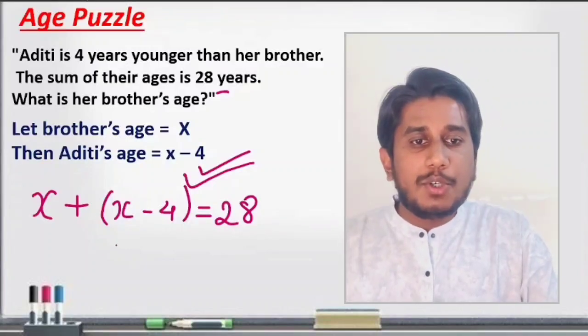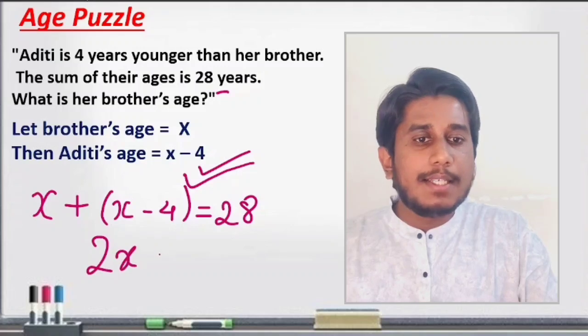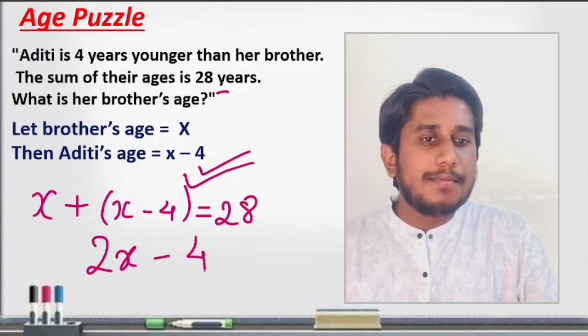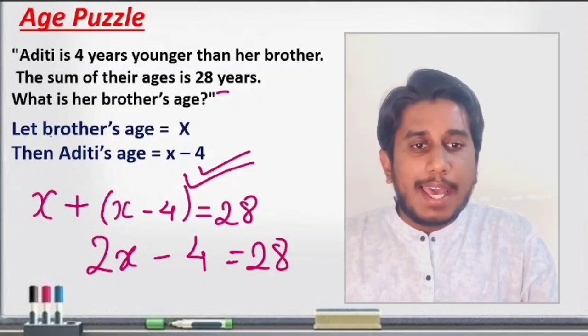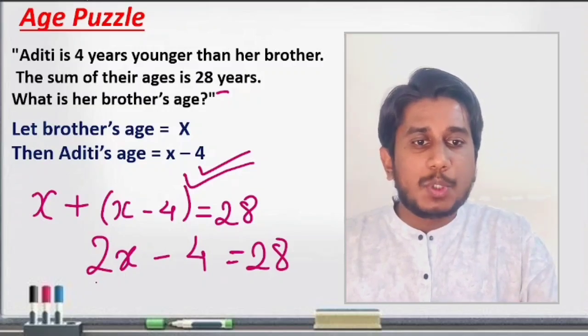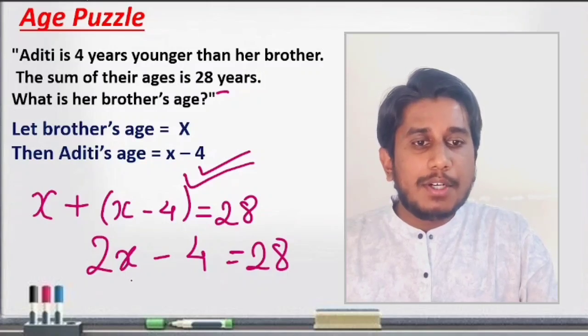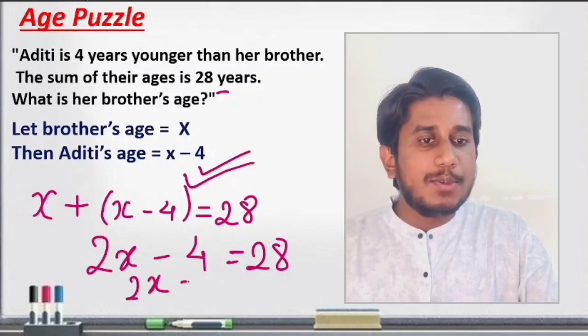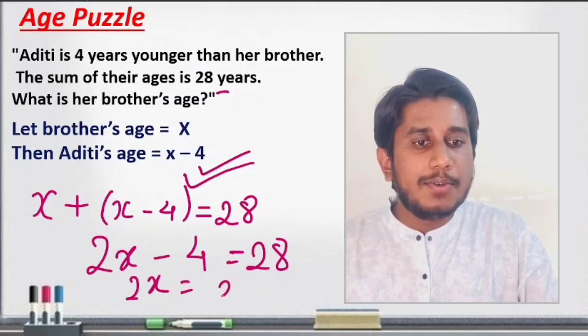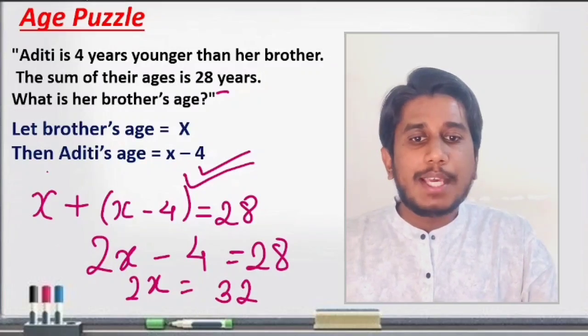This x plus x becomes 2x minus 4 equals 28. Now 2x is equal to what, students? 32.